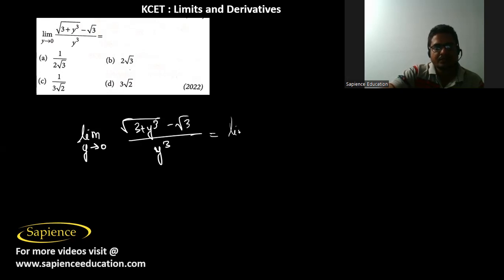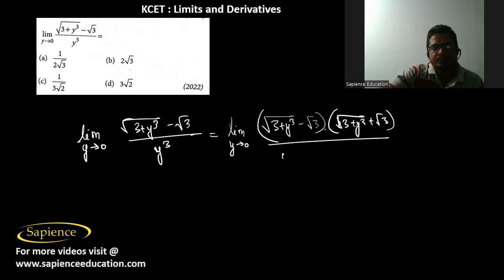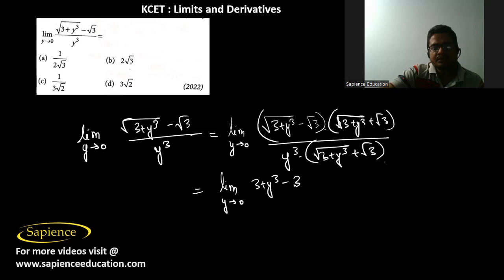So this will be limit y tends to 0, root over 3 plus y cube minus root 3 into root over 3 plus y cube plus root 3, divided by y cube into root over 3 plus y cube plus root 3. Then this will become limit y tends to 0, 3 plus y cube minus 3 divided by y cube into root over 3 plus y cube plus root 3.